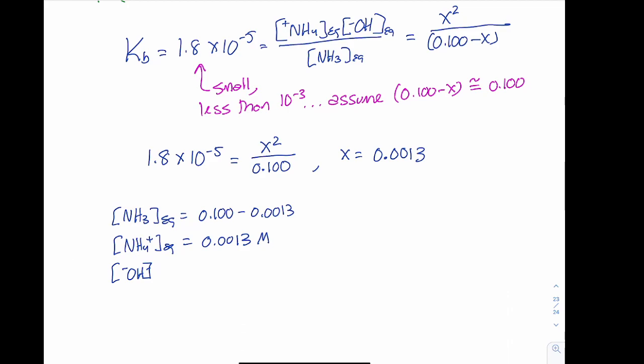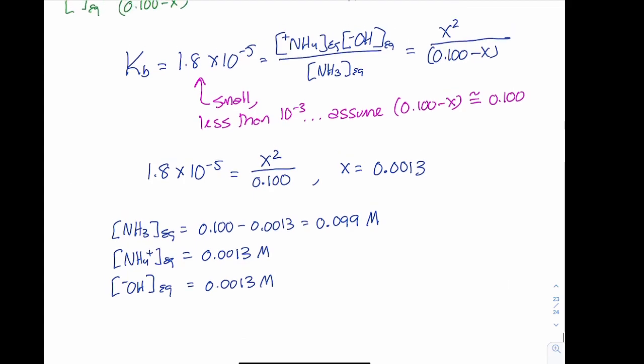Hydroxide, also equal to X. And I got 0.099 molar. So again, watch out for significant digits when you're doing that subtraction. So 3 after the decimal point, 4 after the decimal point. I do want 3 after the decimal point. So I get 0.0987. That's 7 rounds at 8 up to a 9.